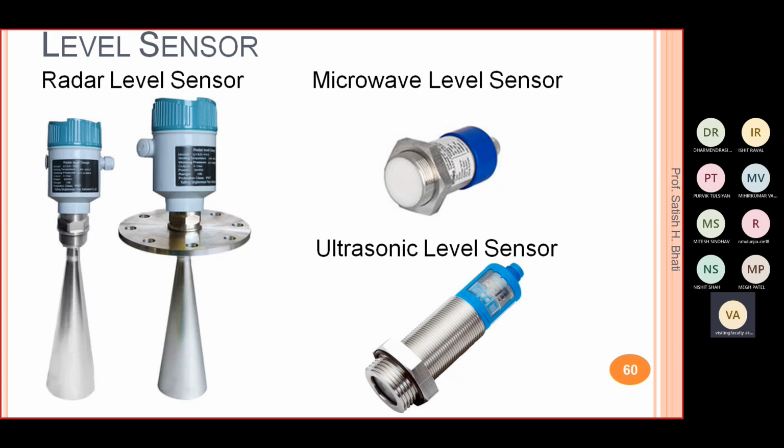They have a transmitter and receiver, but one generates microwaves and one generates ultrasonic waves. This radar level sensor is also similar, but they have put in a construction so that the wave does not go directly to the surface of the liquid. For that they have an arrangement at the top, where you can see a cone kind of construction below the sensor.